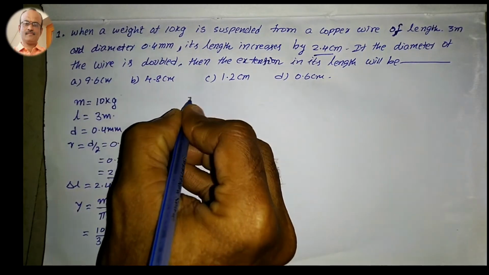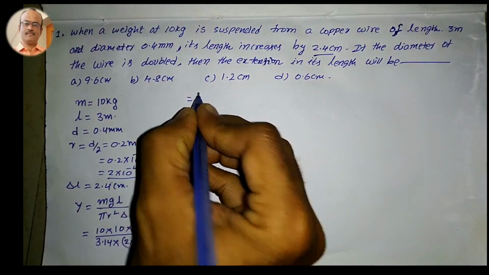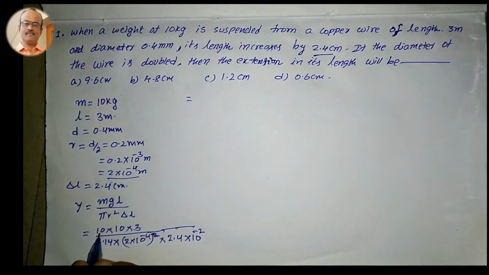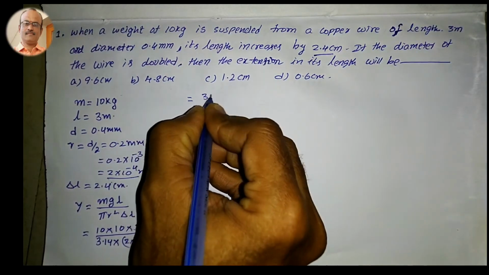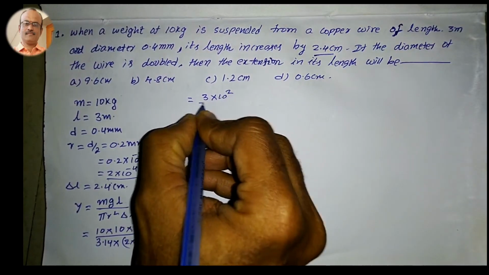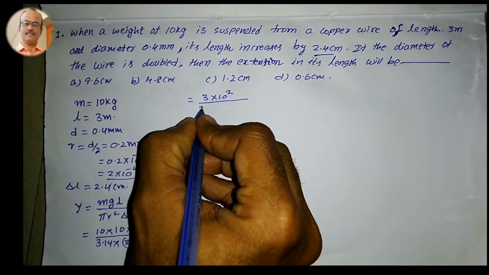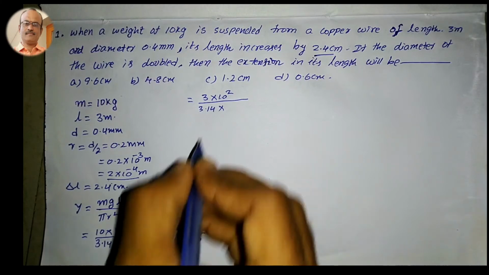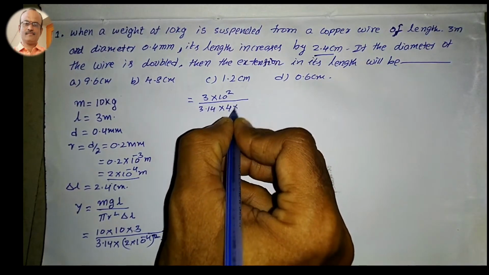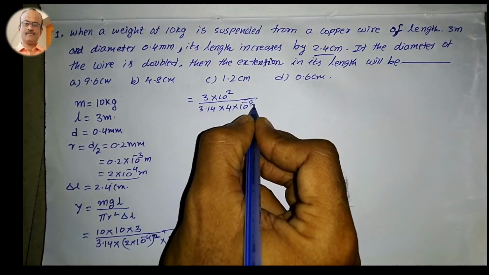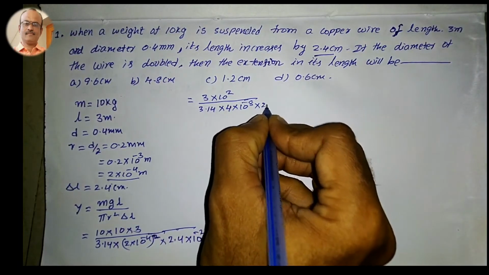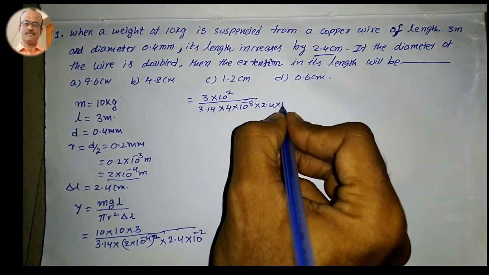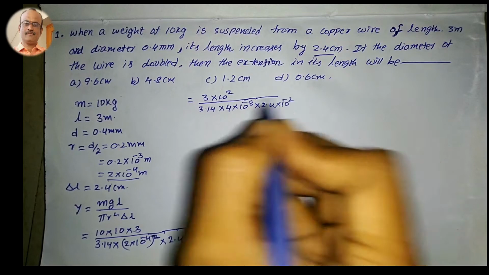Now simplification. 3 into 10 into 10 is 3 into 10 square, divided by pi value 3.14 into 2 whole square, which is 4 into 10 to the power of minus 8, into 2.4 into 10 to the power of minus 2.